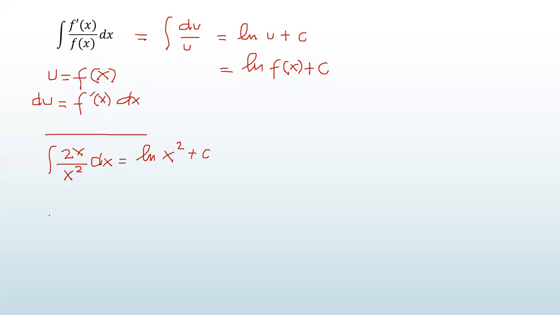Okay, or if you have a problem like this, integral 4x cubed over x to the power 4 dx, the solution becomes ln x to the power 4 plus c. Okay, so simple.